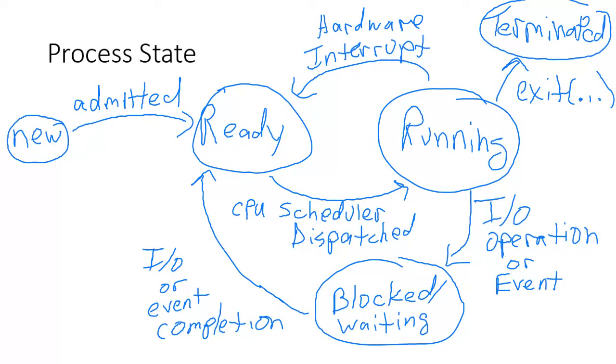So that's why you can't just get rid of the process control block and its memory space and not bother with a terminated state.